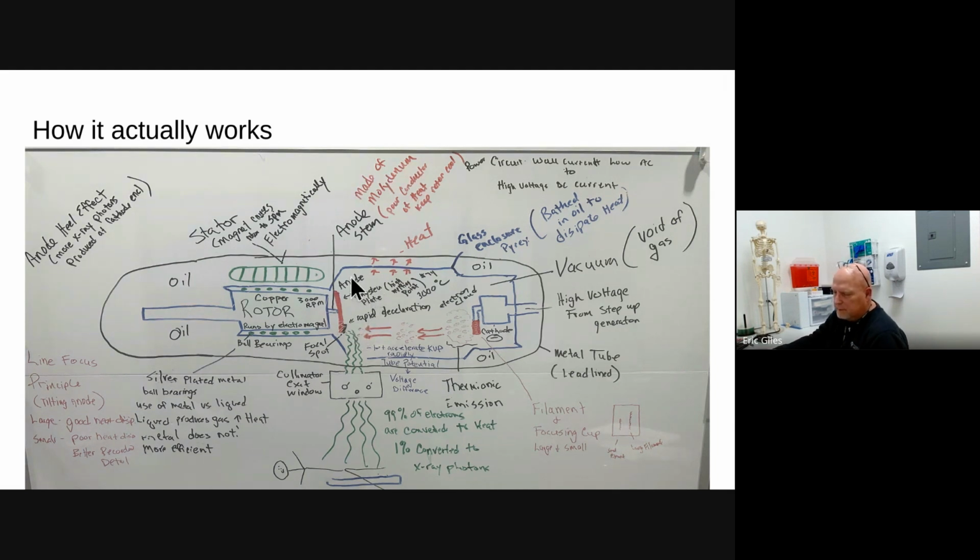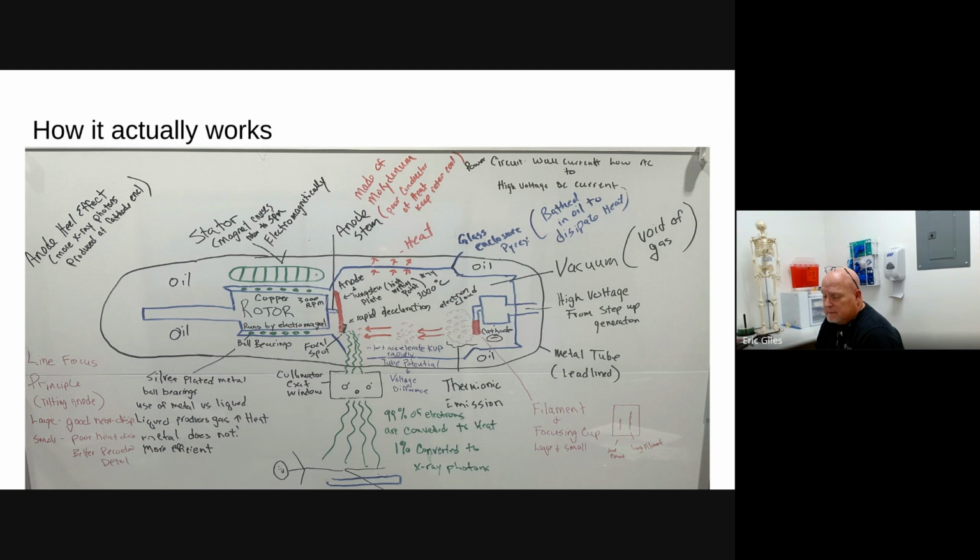So let's go over here to the rotor. Now this hot dog looking thing is called a stator, and we talked a little bit about that in the vocabulary. It's electromagnetically charged, so it's what actually turns the rotor. These little things right here are ball bearings. They're silver plated ball bearings, so they use metal versus liquid.